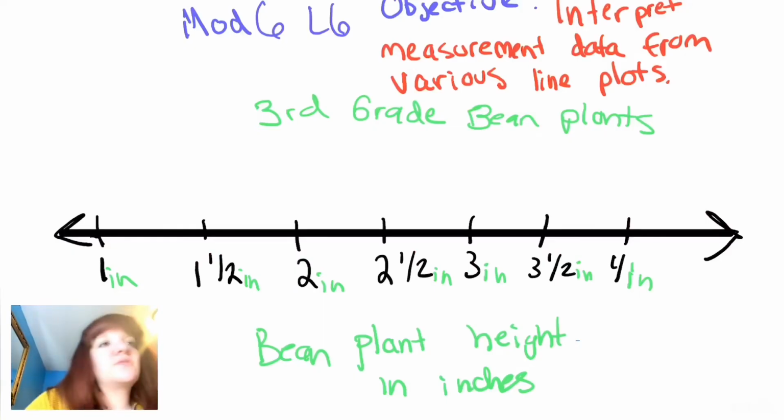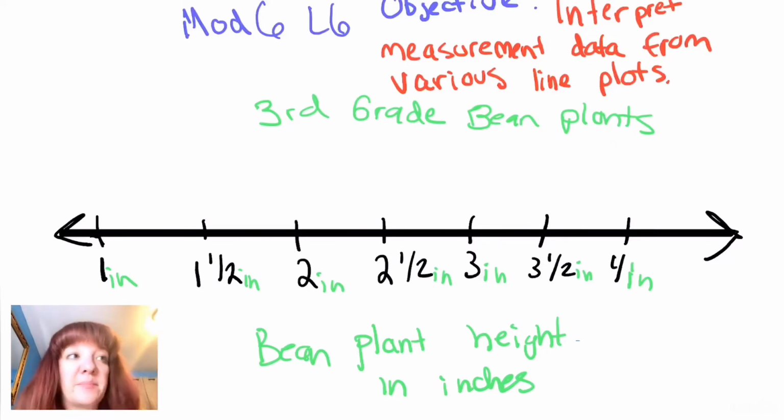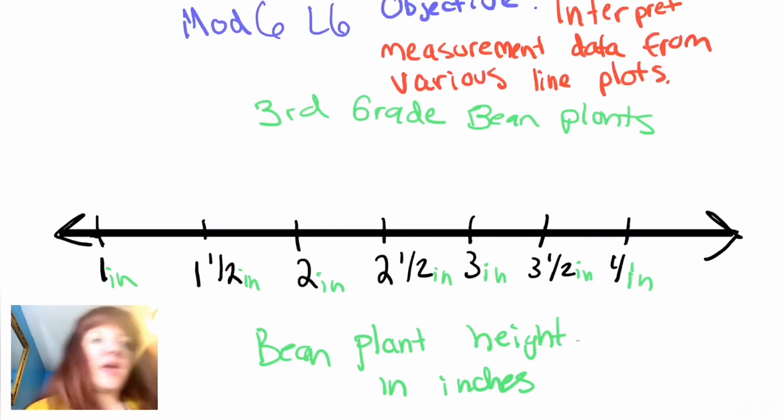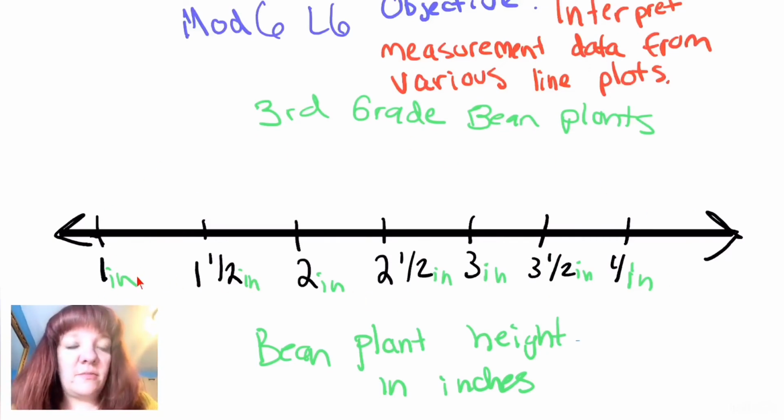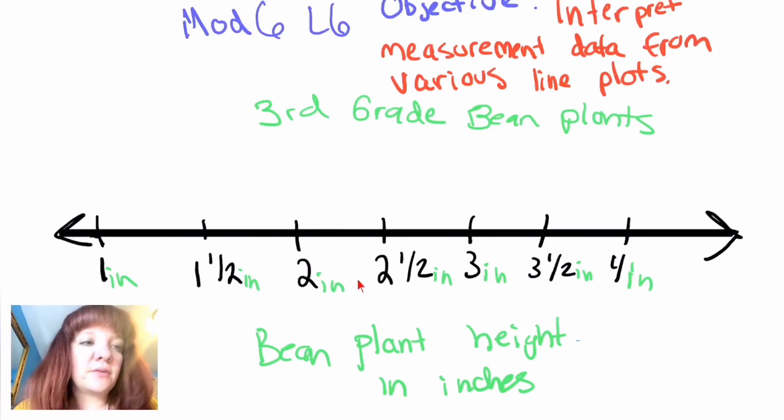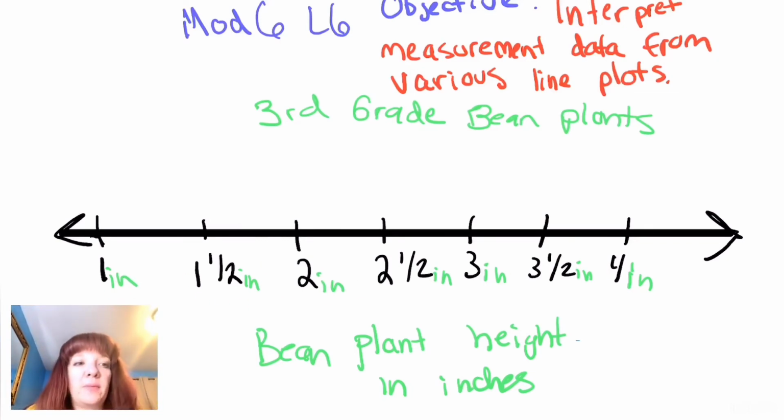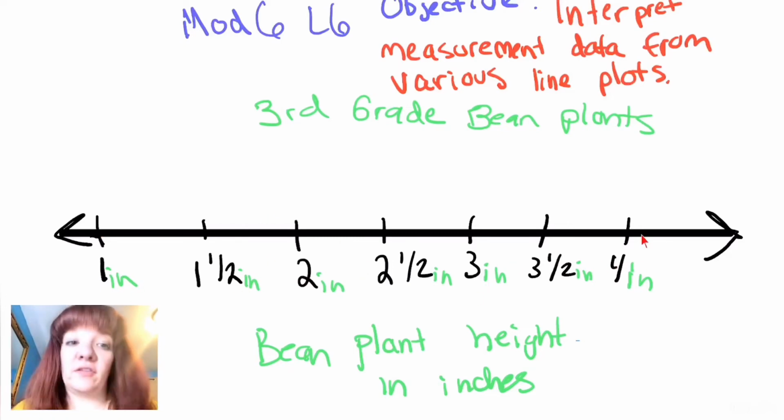So today for Module 6, Lesson 6, the objective is to interpret measurement data from various line plots. So I'm going to create a line plot for you, and then I'll ask you a couple of questions on it. So basically, when you're looking at a line plot, we've done these before, and the ones that are in Zearn today and the ones that we're talking about now will probably have 1/4 inch, 1/2 inch, or 1 inch intervals.